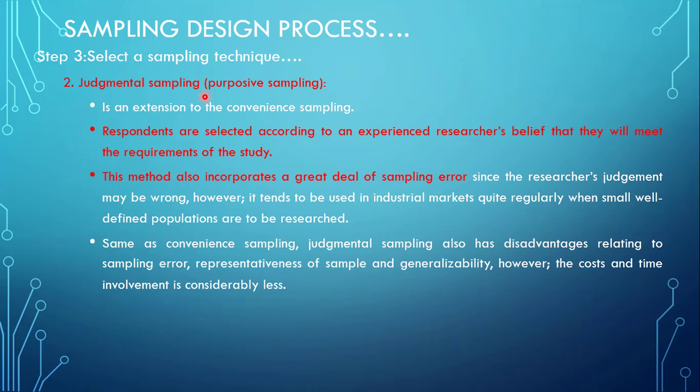But if you include your experience, your judgment, let's say you dispatch questionnaires for customers who have been purchasing for more than a year at that mall, then it will be judgmental sampling. So this is the difference between convenience sampling and judgmental sampling.